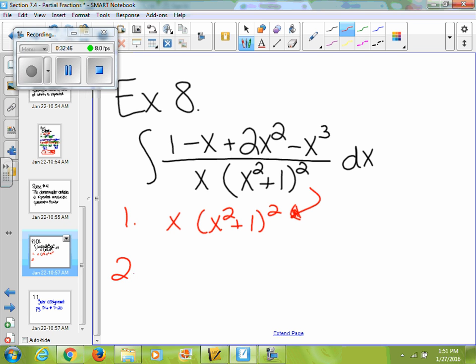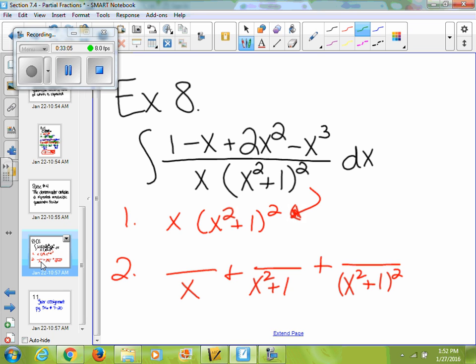Step 2 then is to break it into my different pieces. So in this case, I have an x, I have an x squared plus 1, and I have an (x squared plus 1) squared, because I have to do each piece. So then my numerators, in this case, since this is just an x, it'll just be a constant.